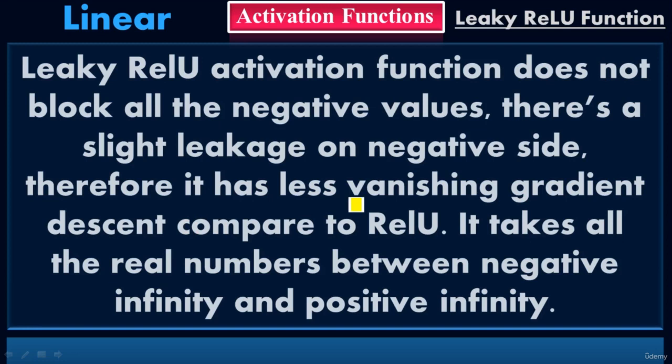Therefore, it has less vanishing gradient descent compared to ReLU. As it is clear from its name, it doesn't block all the negative values, which was happening in the ReLU activation function. Remember, the leakage is only on the negative side. ReLU has a very clear restriction that for any negative values you will get only 0. But here in the leaky ReLU, we have a slight leakage on the negative side, so it takes all the real numbers between negative infinity and positive infinity.